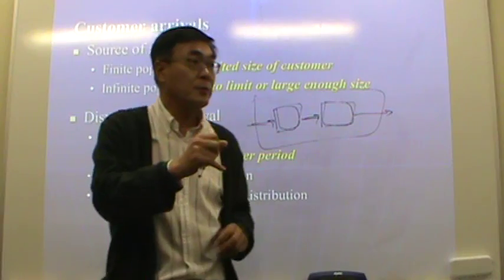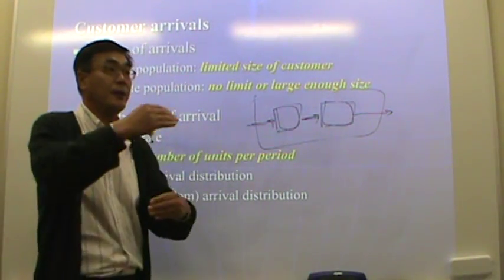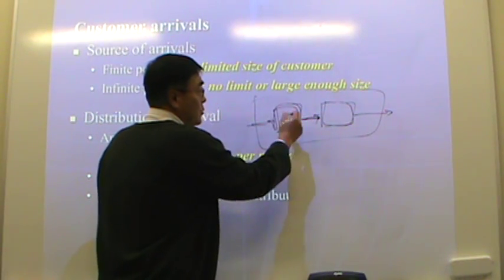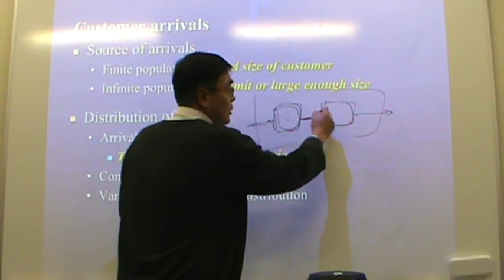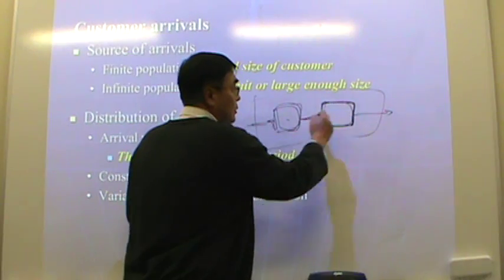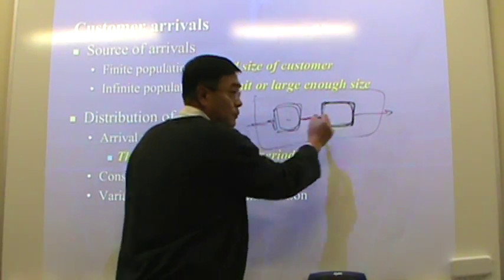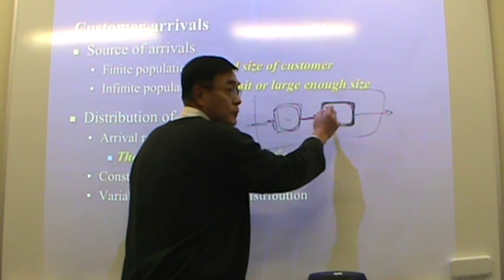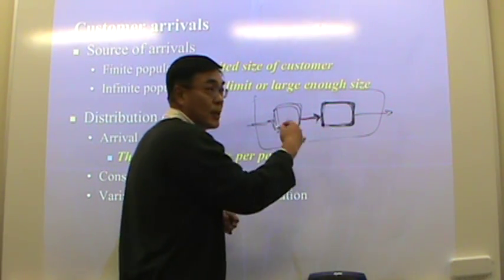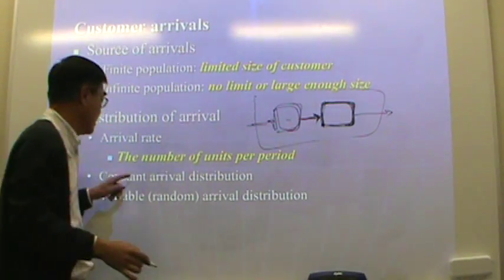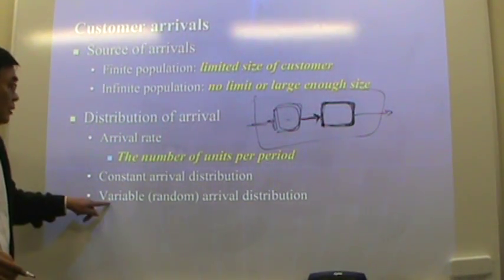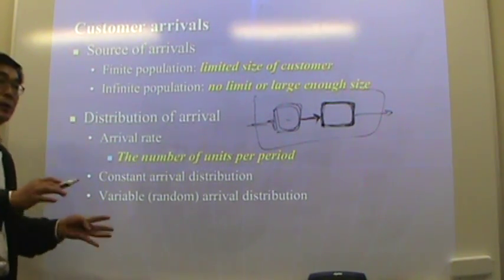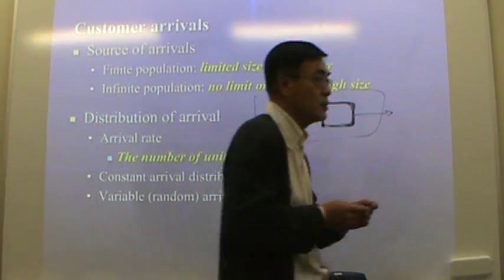An automatic machine produces the same way every time, right? Then this one is the provider, and this one is customer and provider. So customer arrival for this one is always the same, right? In that case constant, but usually variable. Sometimes 10, sometimes 12, sometimes 20, a different number of customers.